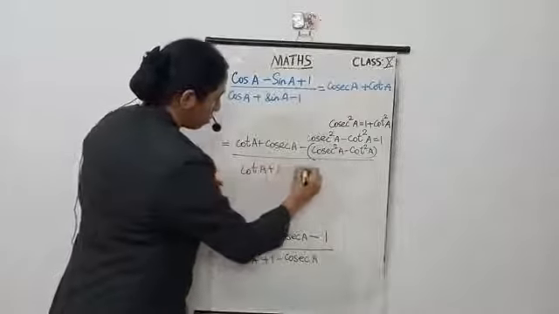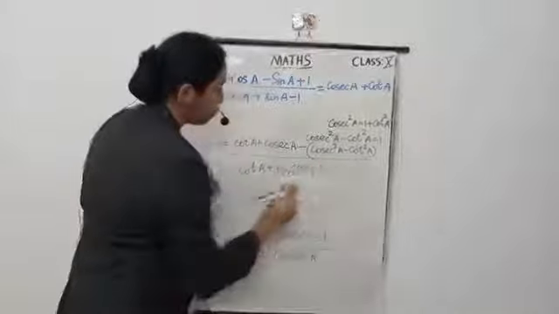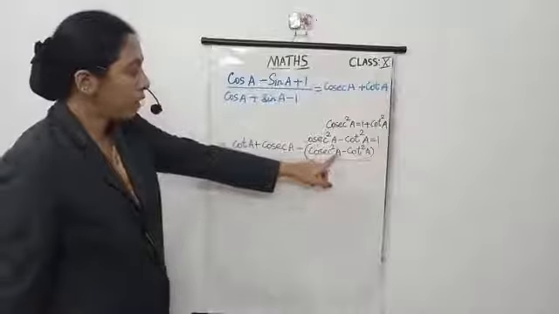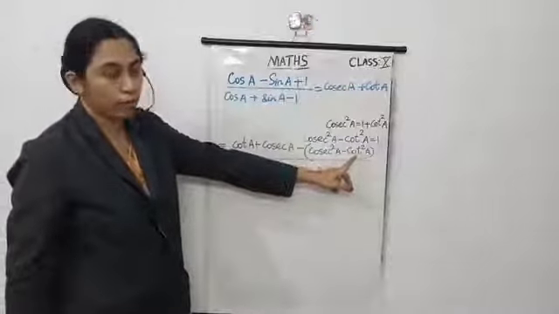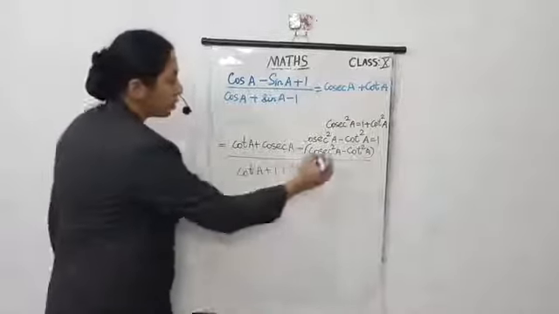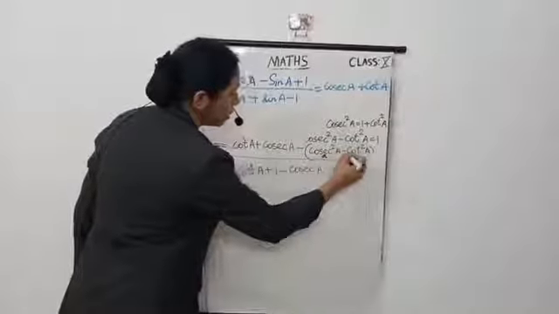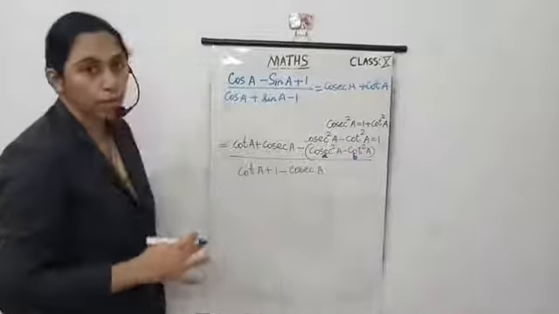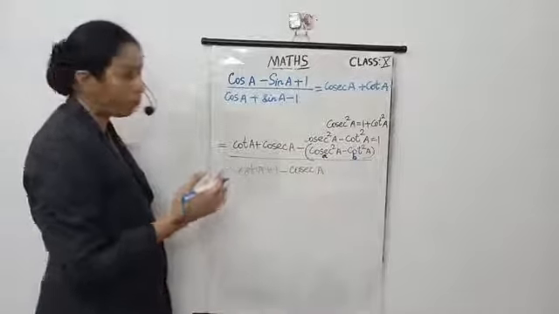Now here consider a² - b², that is cosec² A minus cot² A. So this is in the place of a and this is in the place of b. Use the formula (a - b)(a + b).